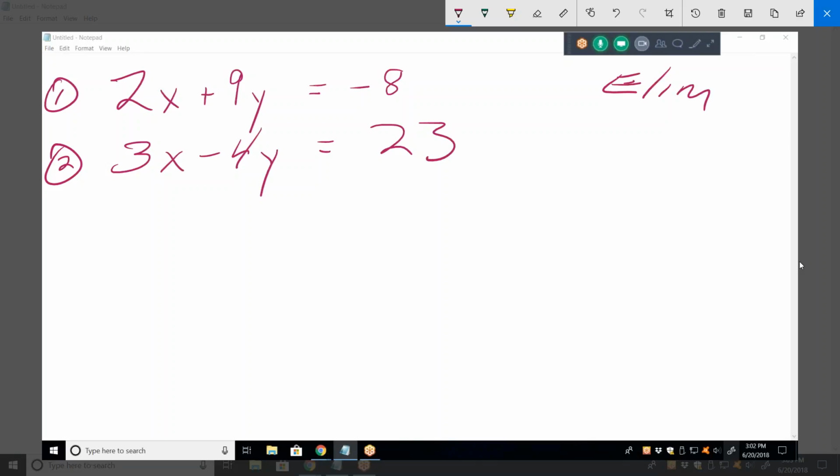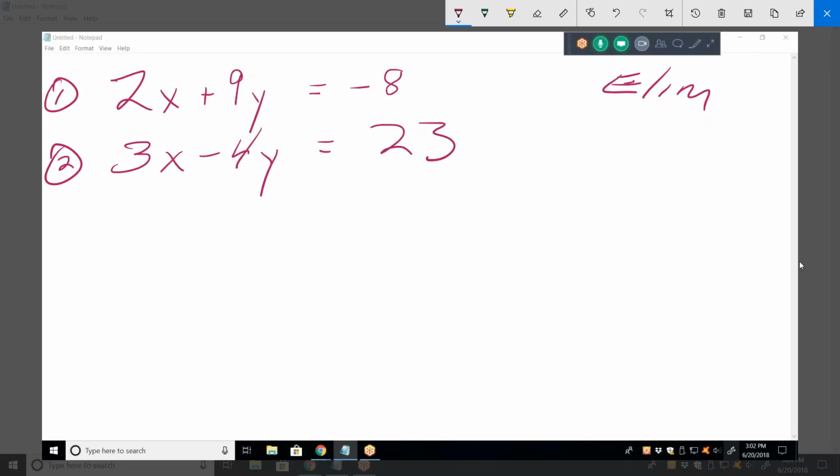Now, how can I eliminate a variable? I'm allowed to add equations or subtract equations. I'm also allowed to multiply any equation by the same number on both sides.